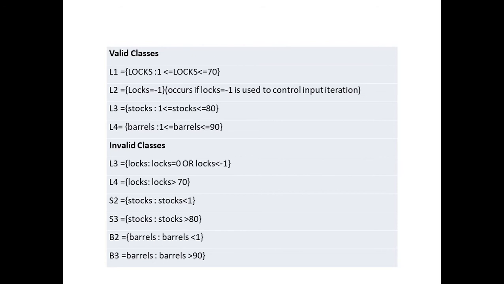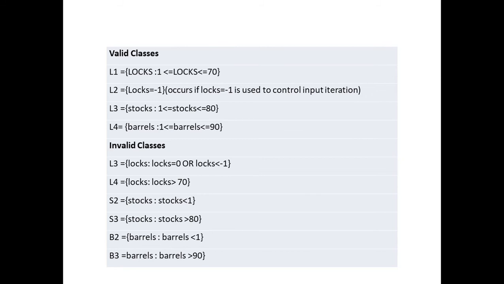Next is about the stocks. Stocks is 1 to 80 and barrels 1 to 90. So these are the valid cases, that is, the values which come inside these ranges will be considered as valid cases.